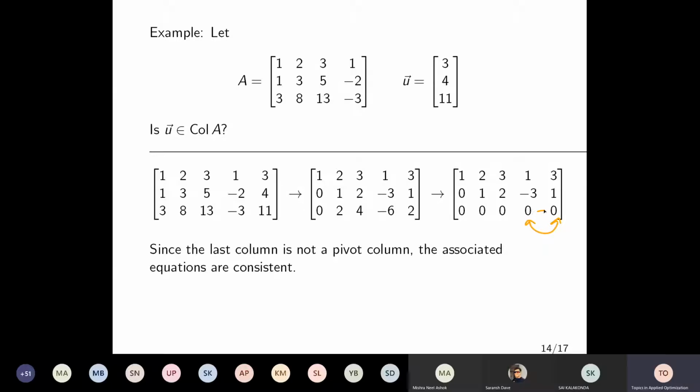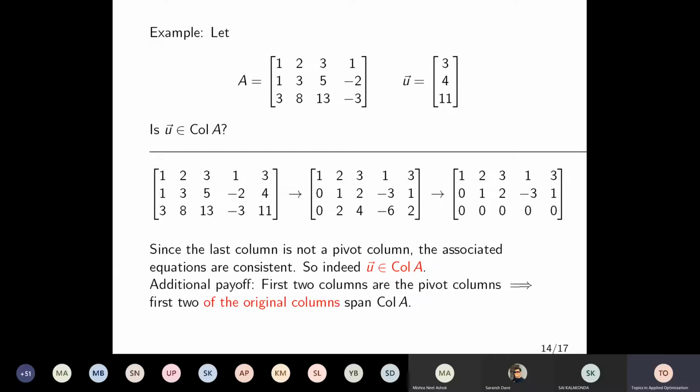Here 0 is equal to 0, so it's consistent and a solution exists. So indeed you will be in the column space of A, and the first 2 columns are the pivot columns.